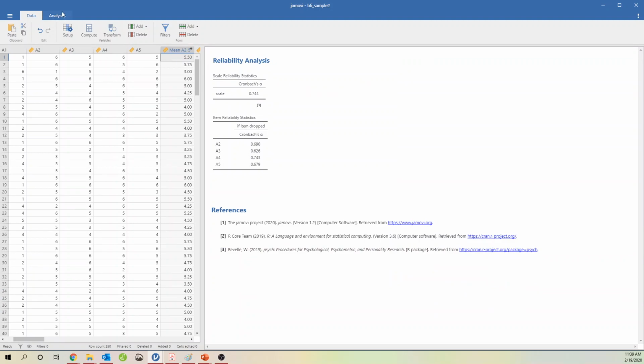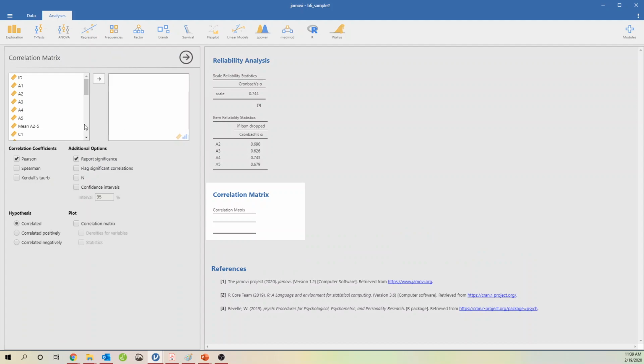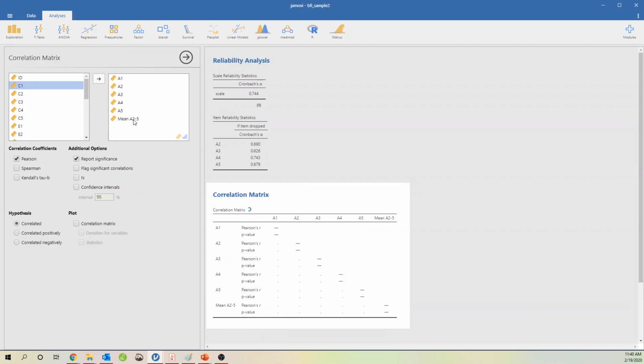And the next thing I'm going to do is run a correlation. Let's see how well our variables here all correlate to each other. And I know we didn't include A1 in there, but we can actually see the correlations, and we're just going to look at this mean 2 through 5 section.